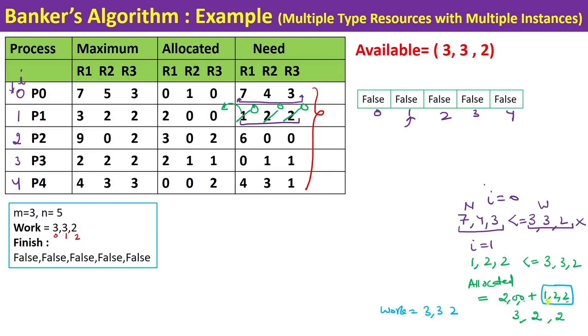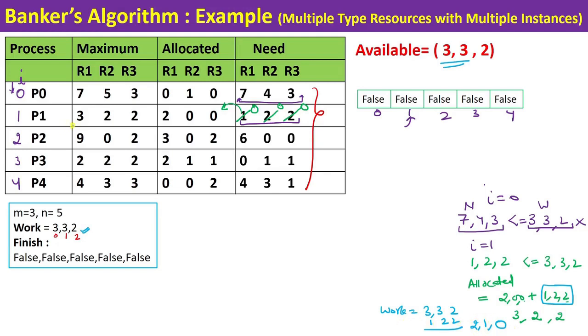But we have given 1, 2, 2 from this available number of resources, so from 3, 3, 2 we have given 1, 2, 2. So what will be left? 2 minus 2, I'm writing here 0. 3 minus 2 will be 1, and 3 minus 1, 2. So we are left with 2, 1, 0 resources in the work. These are the available number of resources.